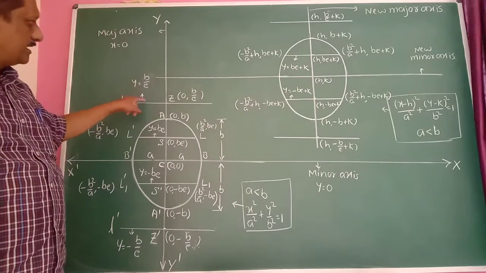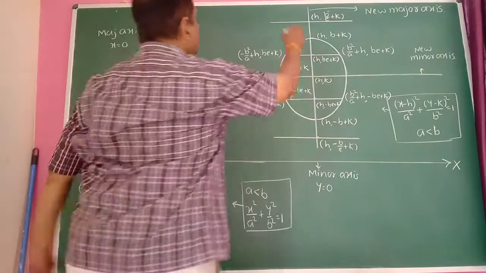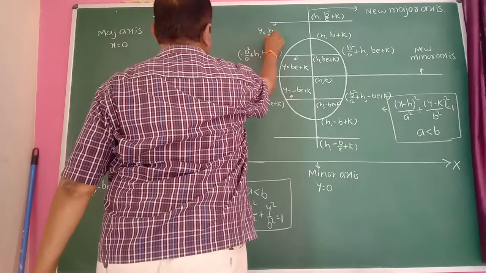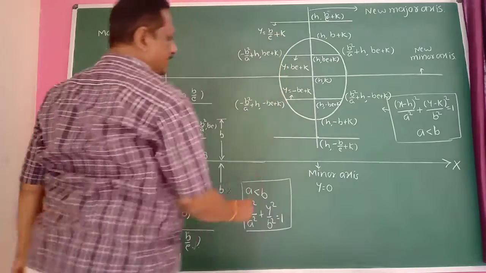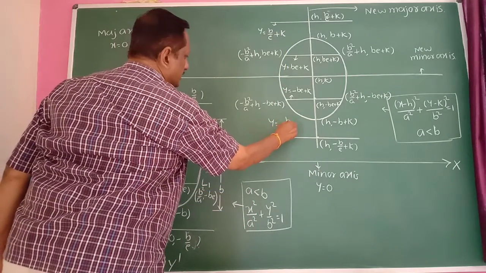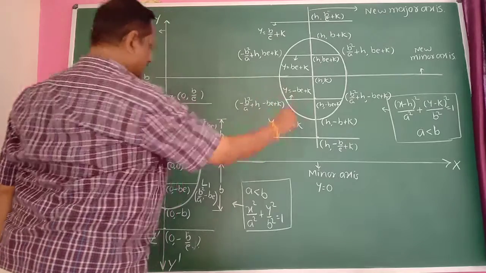The equation of this directrix is y is equal to b upon e plus k, and the equation of this directrix is y is equal to minus b upon e plus k.